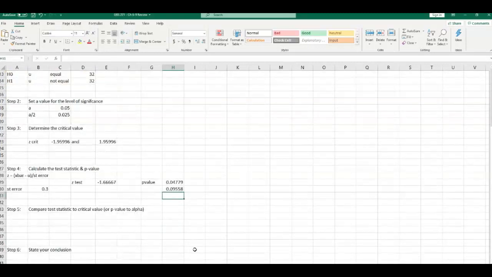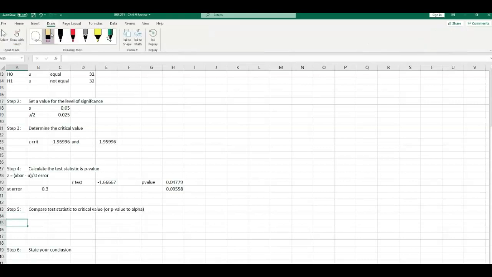Step 5 is comparing the test statistic to the critical value or the p-value to alpha. Right? We have two different approaches that we could take here. Let's start with the test statistic to the critical value. So our critical value starts what we call the rejection zone. So if we draw a bell curve here, and we have our critical values, and both of these are at 1.96 and negative 1.96.